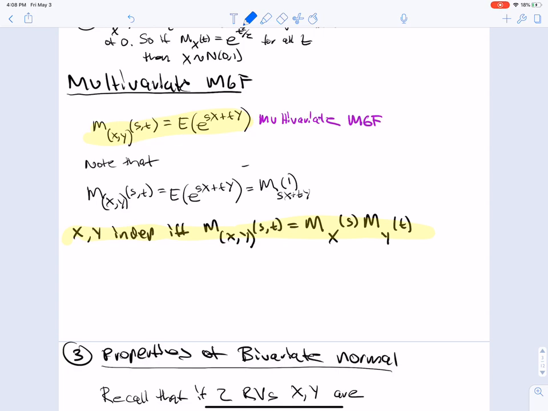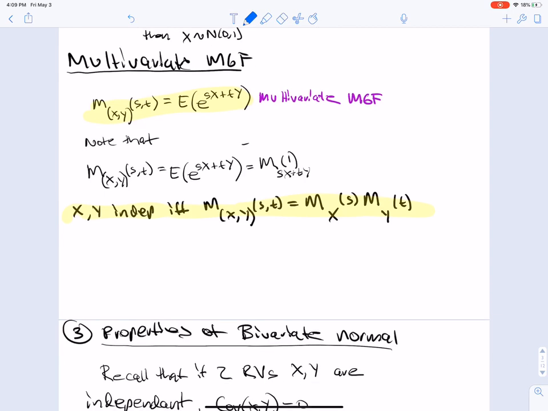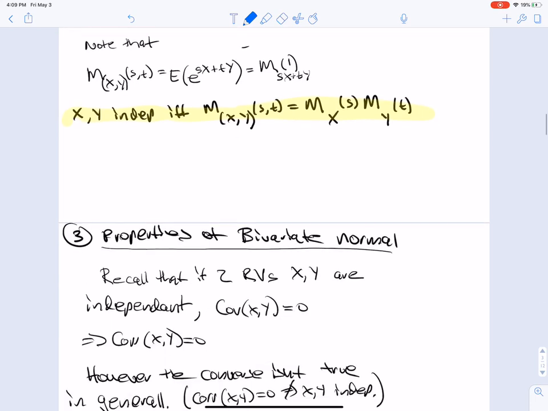In fact, you can bring the sX plus tY down so that you just have the moment generating function for sX plus tY at 1. And using this, you can show that X and Y are independent if and only if the bivariate MGF splits as a product of MGFs of X and Y.